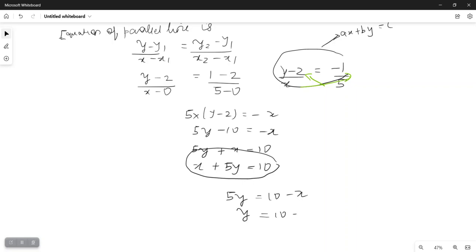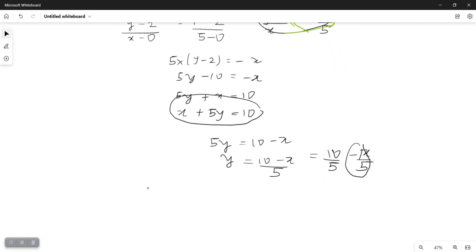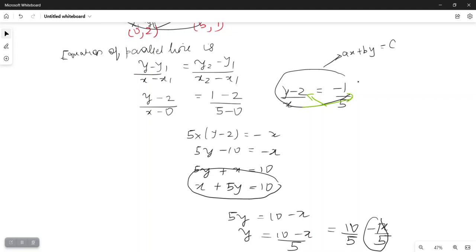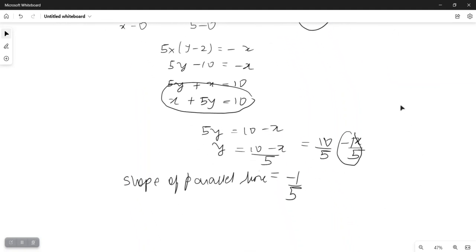We also divide by 5 on the other side, and the number in front of x, which is actually minus 1 upon 5, is the slope of the parallel line. So the slope of the parallel line is minus 1 upon 5. Again, if you observe, this slope is actually the number that is appearing here. So you can skip all these steps and directly say that the slope of the parallel line is the number appearing here. You can do that.